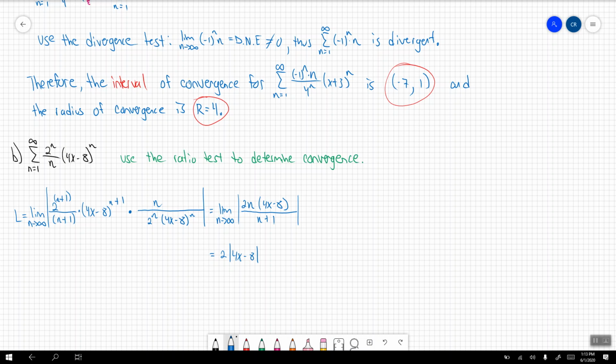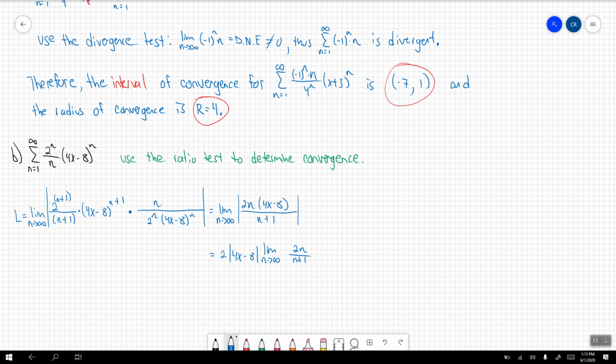Times the limit as n tends to infinity of 2n divided by n plus 1. I drop the absolute value here for 2n divided by n plus 1 simply because this is always going to be positive for any n value greater than or equal to 1.